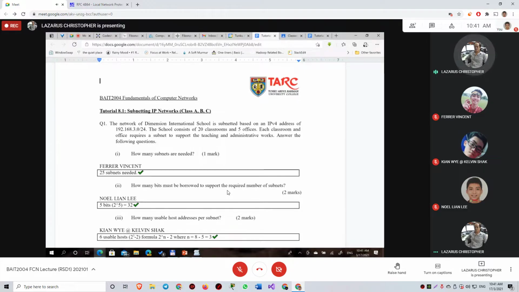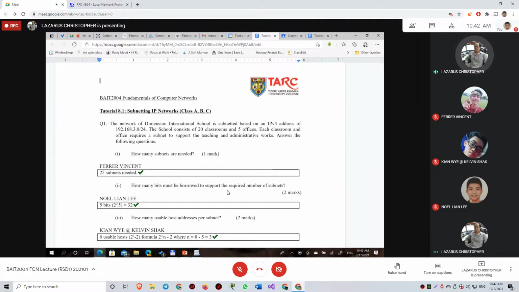So the 1 bit you borrow makes your prefix become /25. You borrow 2 bits, your prefix becomes /26, because you always count from 24. You borrow 1 bit, 24 plus 1, 25, plus 2, 26, and so on. For class C, the maximum number of bits you can borrow that still leaves you with a functioning network is 6 bits.